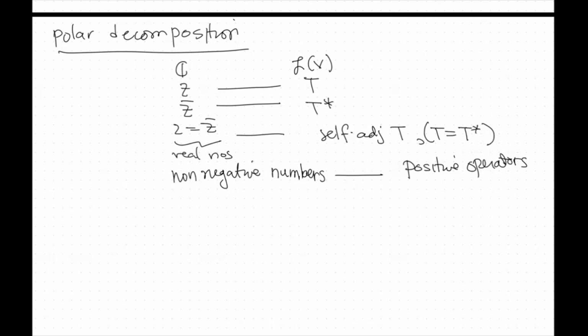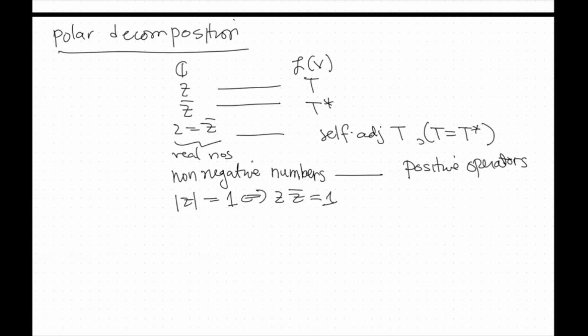And a subset of C is the unit circle, which consists of complex numbers Z such that the absolute value of Z is equal to 1.